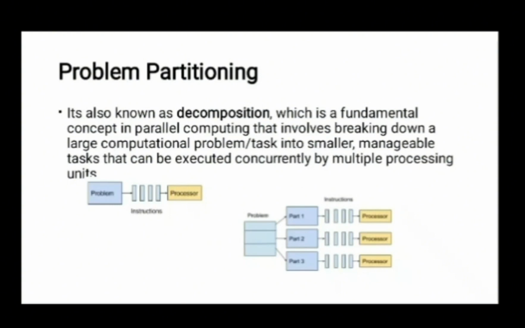Then the next diagram indicates a problem is being subdivided into different tasks that are being assigned to different processors. So the aim of problem partitioning is just to ensure there is high performance in the task.